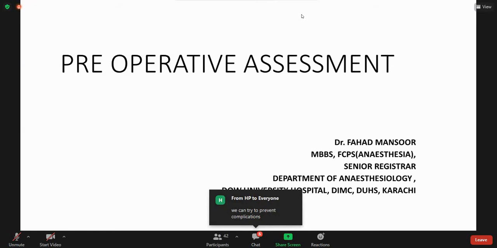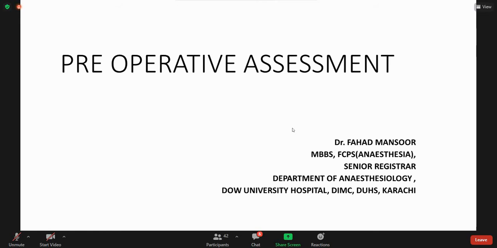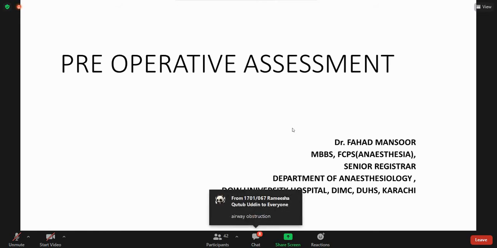What kind of complications are we talking about here? To render if the patient is fit for anesthesia. Yeah, basically, yes. This is one of the points. Iatrogenic damage, airway obstruction. Yeah, okay.